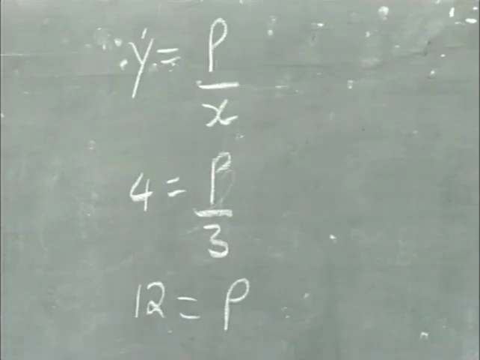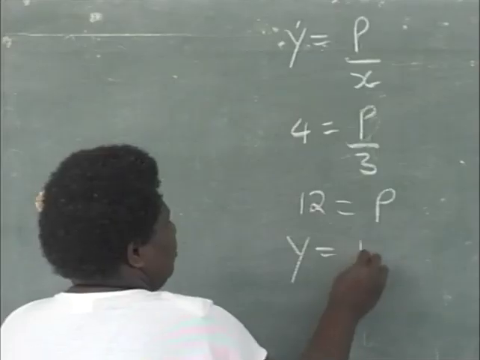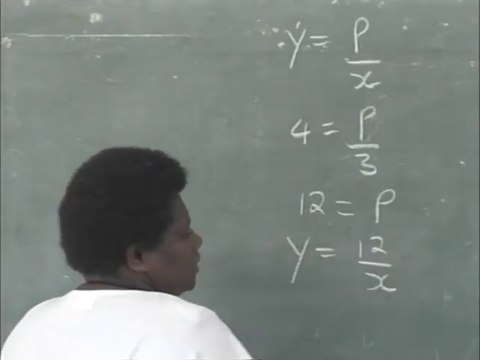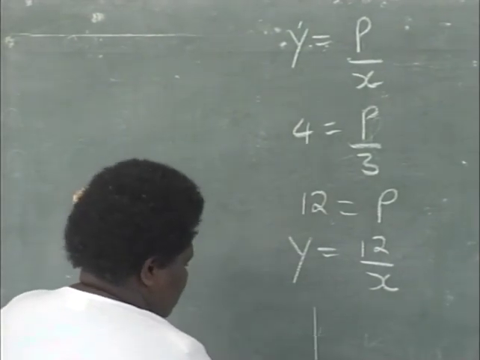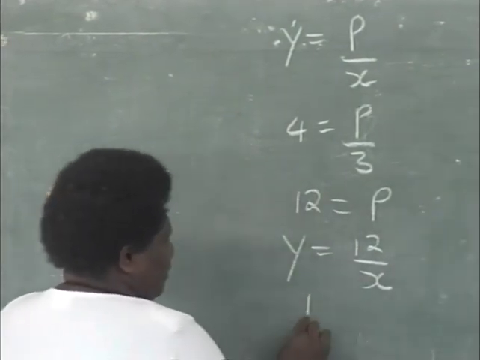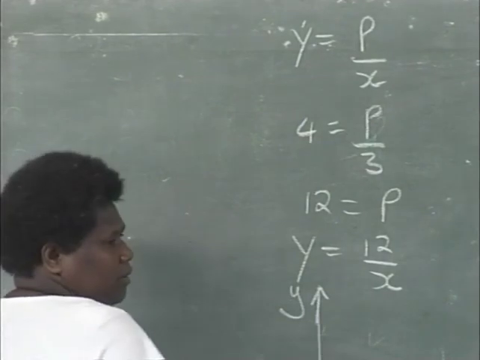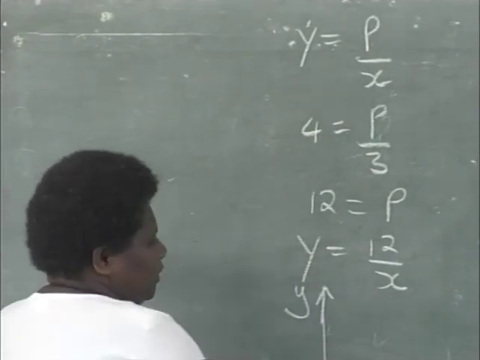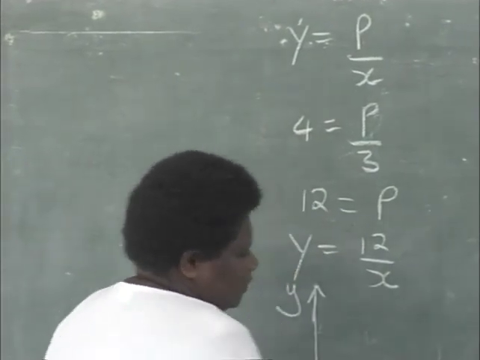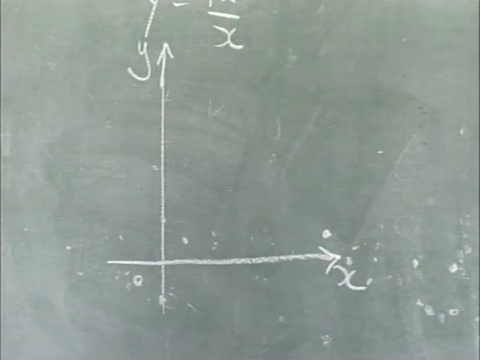So the graph you are sketching is Y equals 12 on X. You should know Y is always on the vertical axis. X is always on the horizontal axis. We are going to do graphs and curves in detail this year and next year as well.